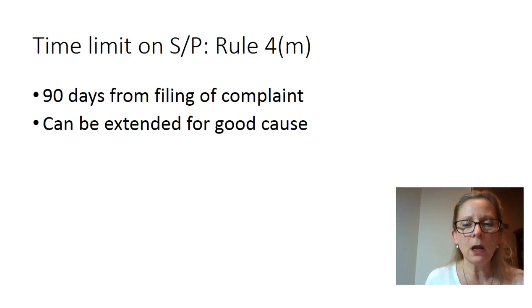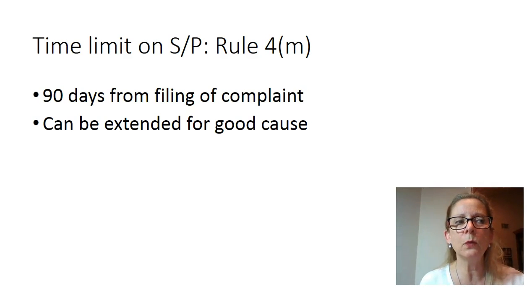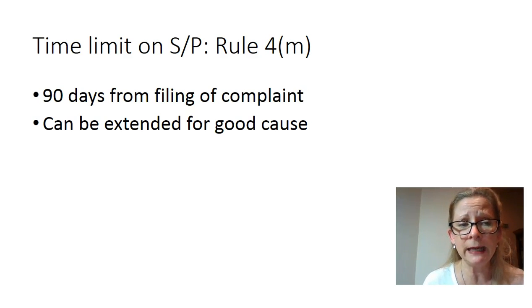Now, we did talk about how in your casebook, which was printed before the later amendments to the Federal Rules of Civil Procedure went into effect, in other words, up until December 1st, 2015, that time period was 120 days. It is now, since December 1st, 2015, 90 days.